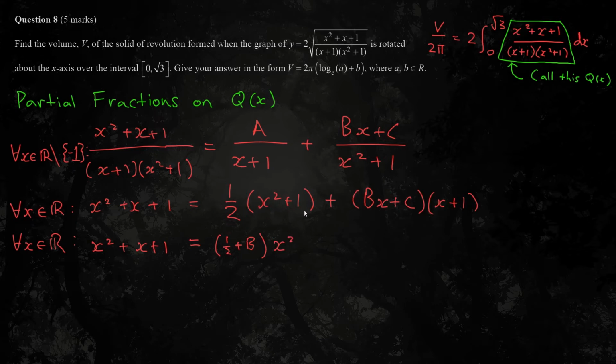Now let's have a look at x. Okay, so there's no x to the 1 terms being contributed by this part. Over here, we get an x to the 1 term through this product, and we also get an x to the 1 term through that product. Okay, and so therefore we need a b in here, and we also need a c, and that'll be our x term.